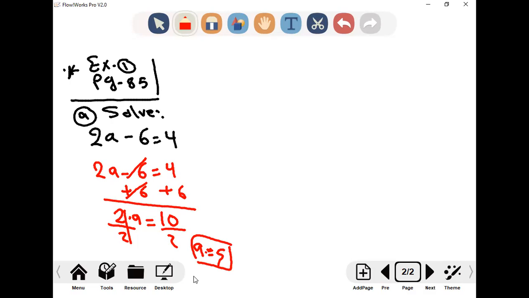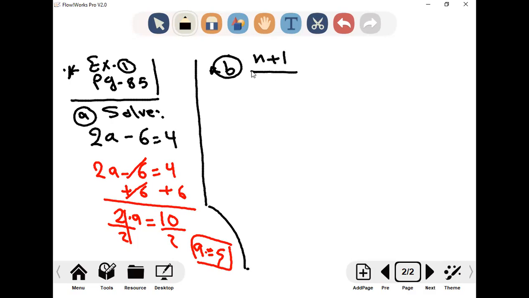Part B, on the next page, we have this equation: n plus 1 over negative 2 equals 15.